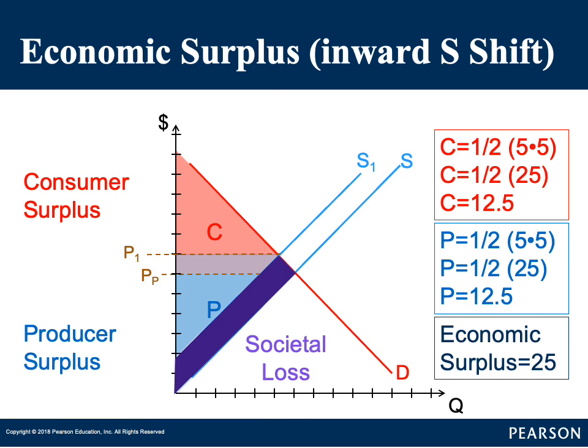This purple section is the amount of our societal loss. We didn't do quite as well when there was an inward shift in supply. So whether it's an inward shift in supply or an outward shift in supply, we can recalculate what the economic surplus is and determine are producers or consumers, or is society better or worse off.